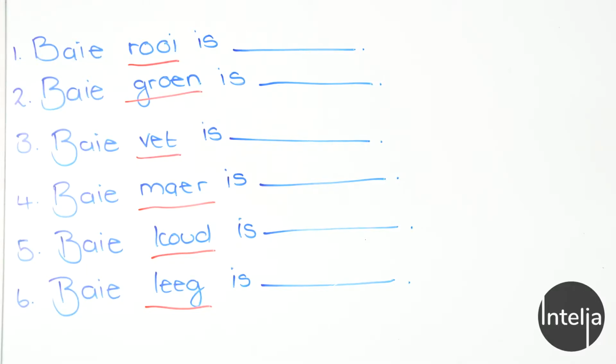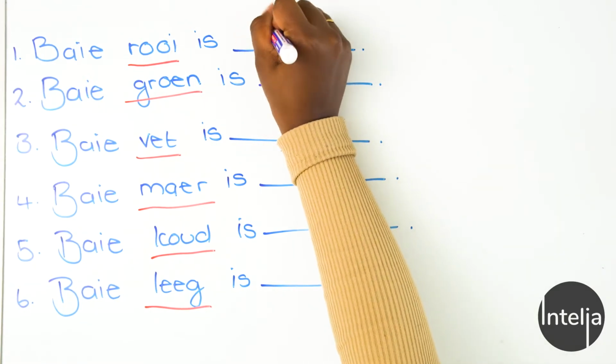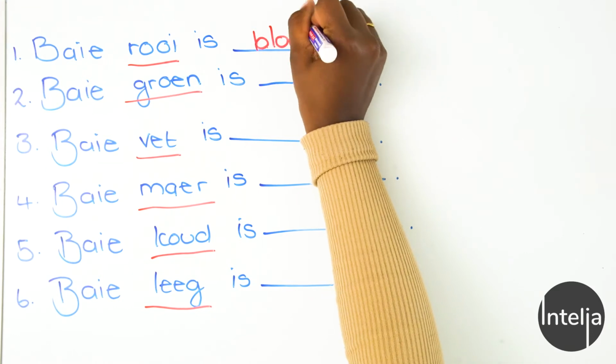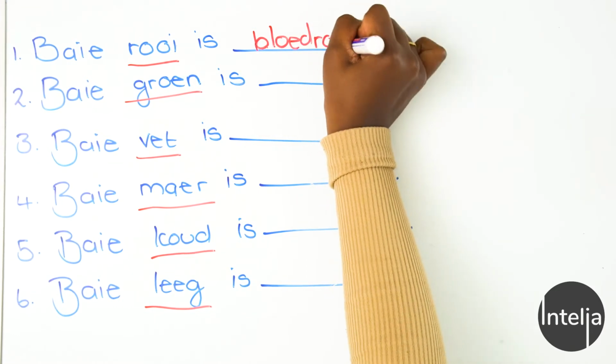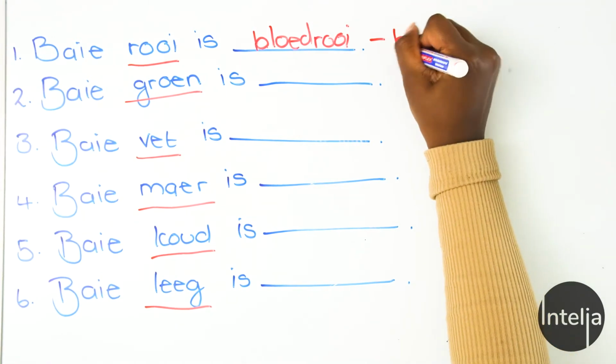Baie rooi is when something is very red. It is bloedrooi. So if something is really red, it is blood.